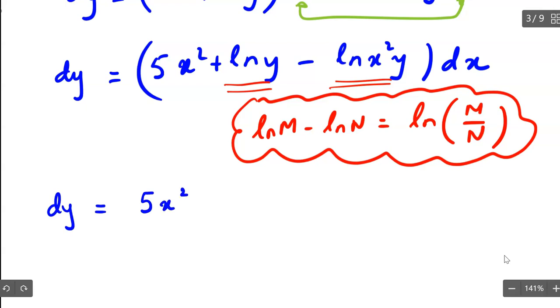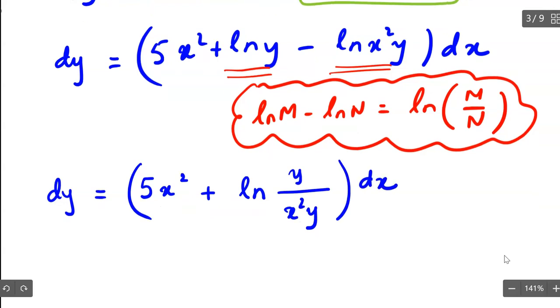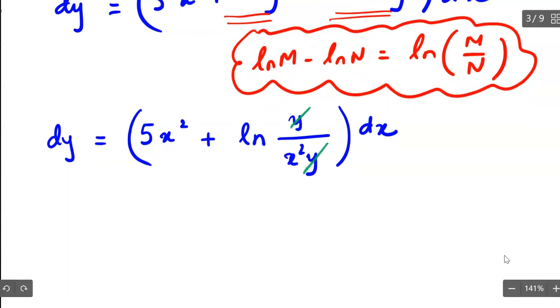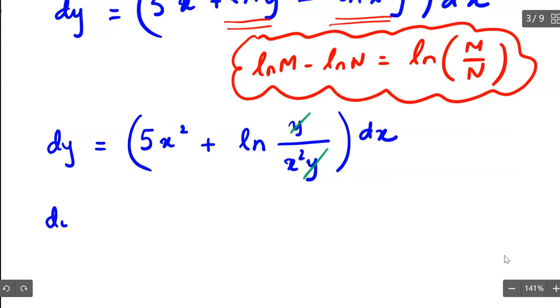So this 5x squared, I leave the same, but I can write this one as plus ln of y divided by x squared y. Okay, this multiplied by dx. So now inside this ln, I see that that cancels with that. So it's dy equal to 5x squared plus ln of x to the exponent minus 2.